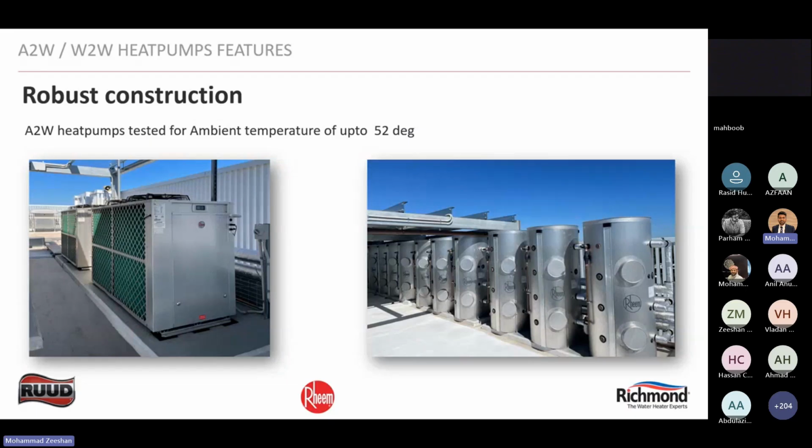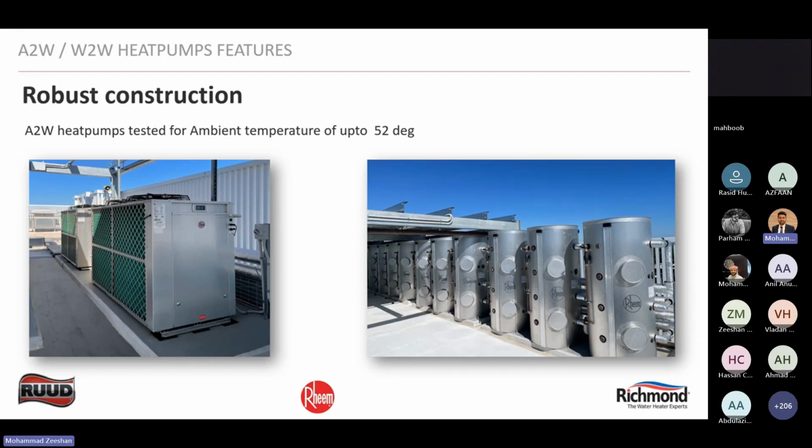Now, in terms of the features of the heat pumps, we emphasize that your air to water heat pumps work at the maximum temperature possible. This is to ensure that throughout the year, our customers get the hot water from the heat pumps itself. As you know, when we deal with heat pump systems, you also deal with the backup systems.